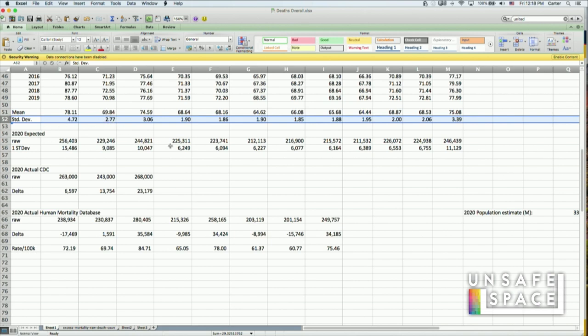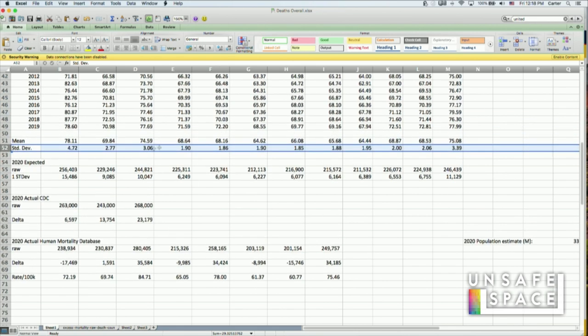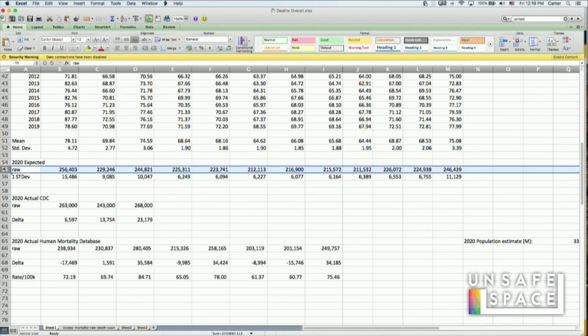Okay, so then I said, all right, what if we take the current population and multiply it by what we expect? What would our expected deaths be per month without COVID? And they are here. Sorry, I didn't fix this, but this is January, February, March, April.